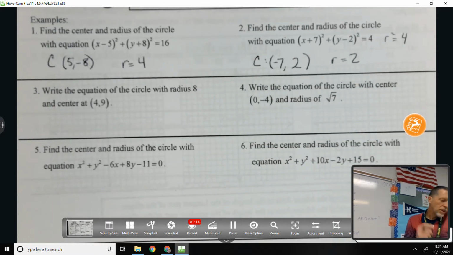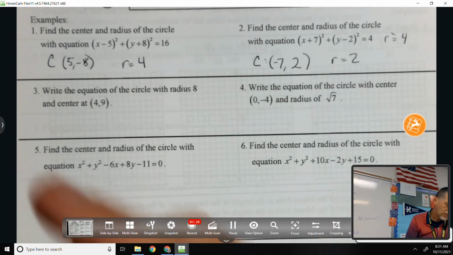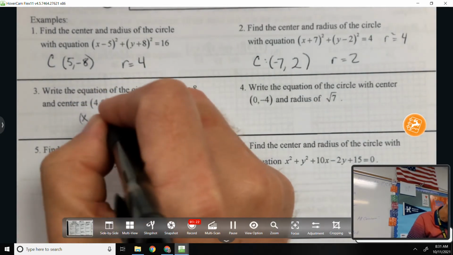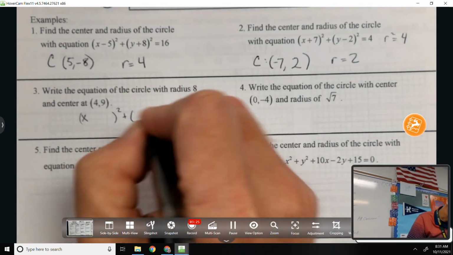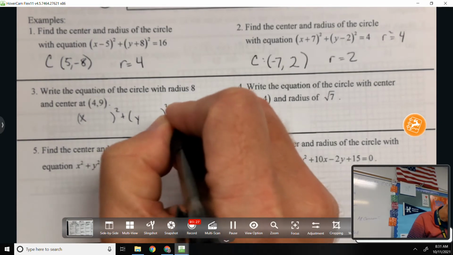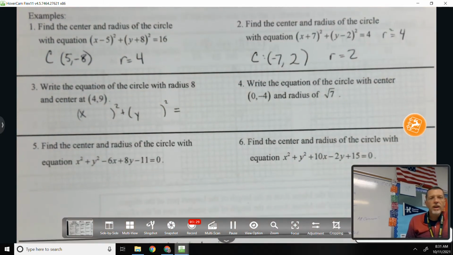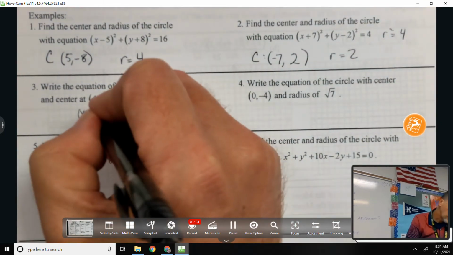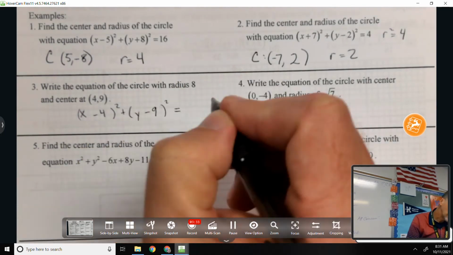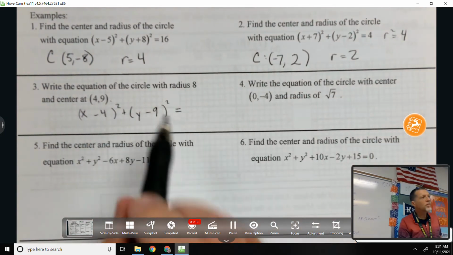Number 3, a little bit of a backwards question here, right? The equation given the center and the radius. So X and Y. So (x minus 4), (y minus 9). Make sure you put the squared on both of those.